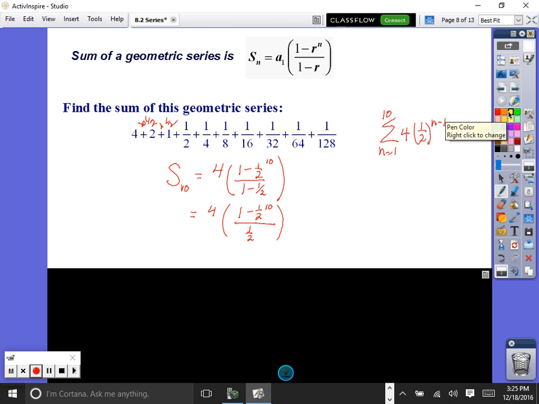Then 4 divided by a half is 8 times 1 minus 1/2 to the 10th. Now I punch my calculator, and I get approximately 8, 7.999, etc.